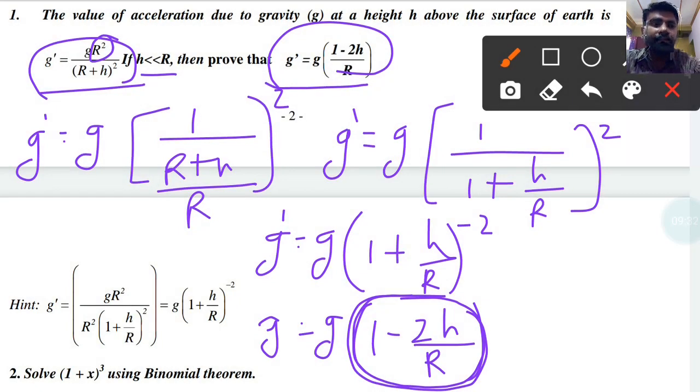So that is the solution here. See here it is again a printing mistake, here it is 1 minus 2h upon r, but it is written differently, so again this is a printing mistake.